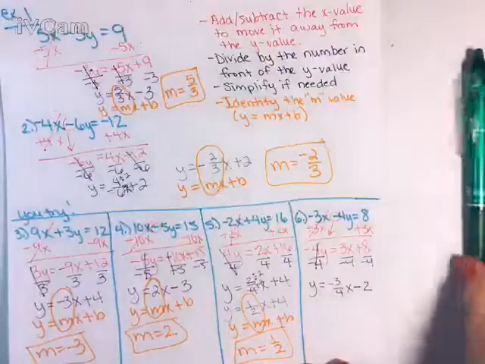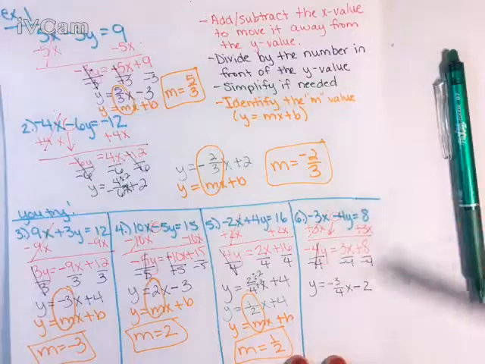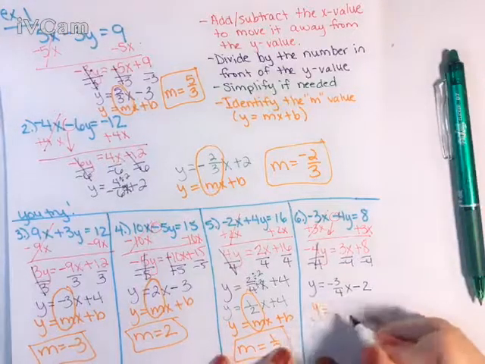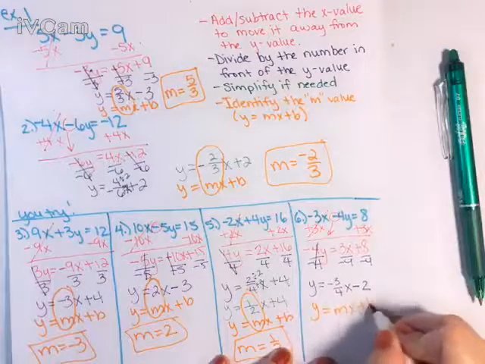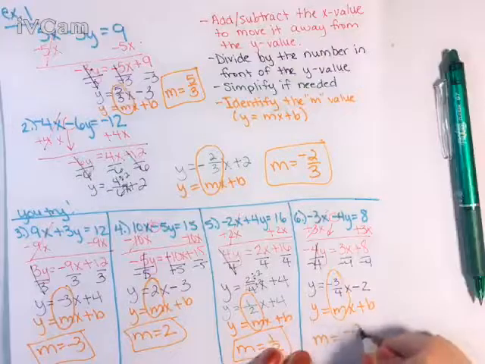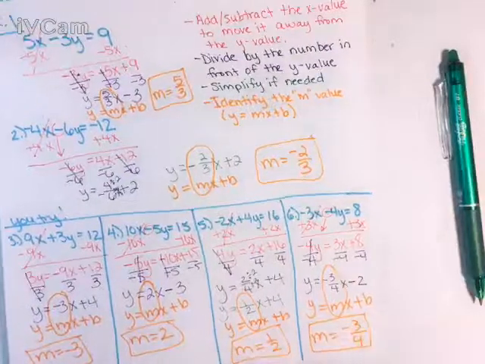When I look back to see if I want to simplify it, I can see that there's nothing else we can do. There's nothing that goes into 3 and 4, so we're done with that part. So it's in slope-intercept form. So our m is equal to negative 3 over 4.